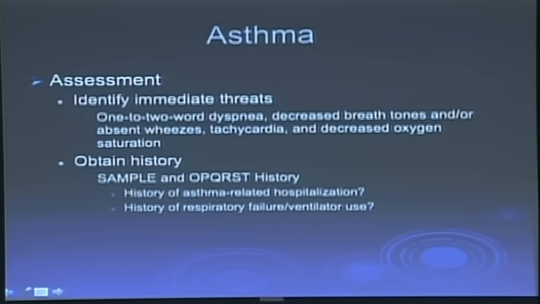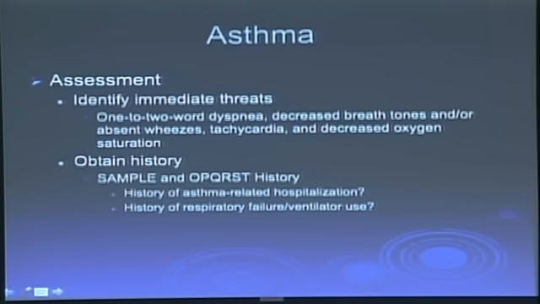So, history, and then the important things in your history, besides your standard sample, is history of asthma-related hospitalizations. If they've been hospitalized this year and they're not having another attack, their chance of being hospitalized again from this current attack is about 1 in 2.